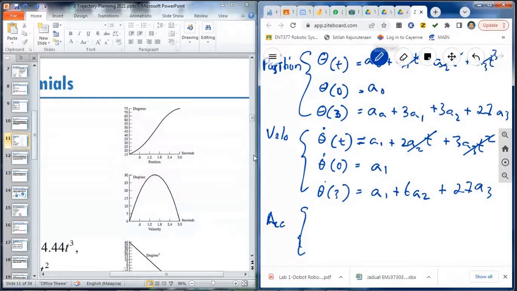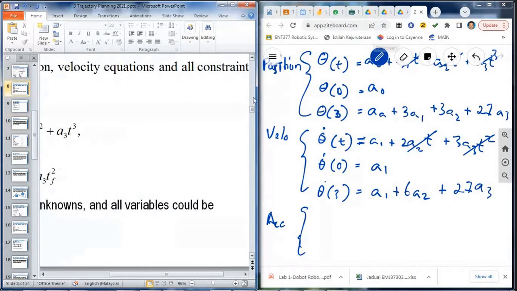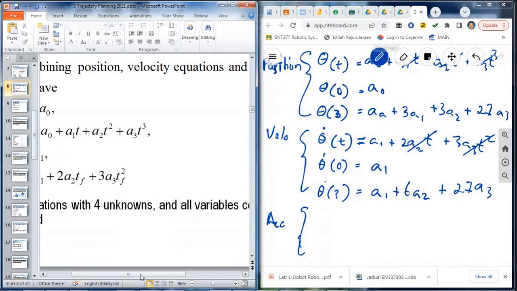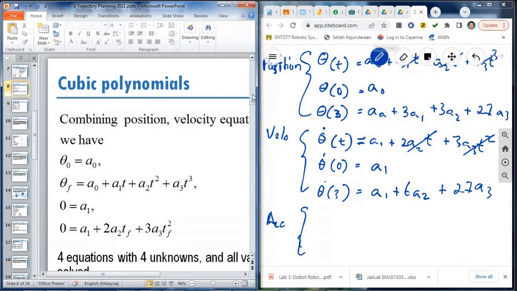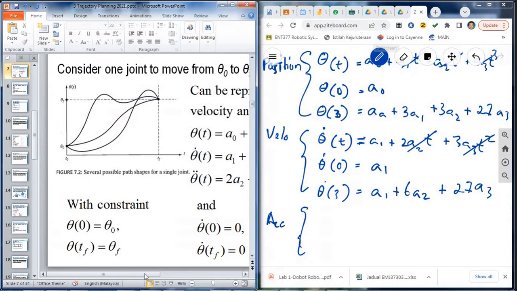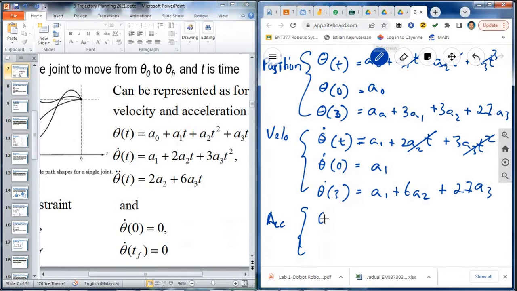So acceleration equals, if you go back to the main equation, this one, the double dot is your acceleration. If your acceleration at time 0, so we see what happened to the equation.